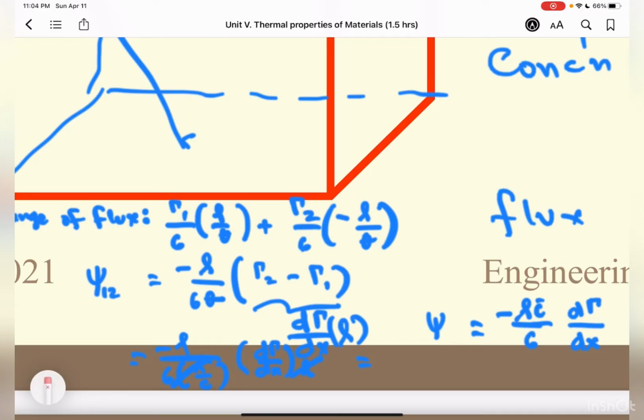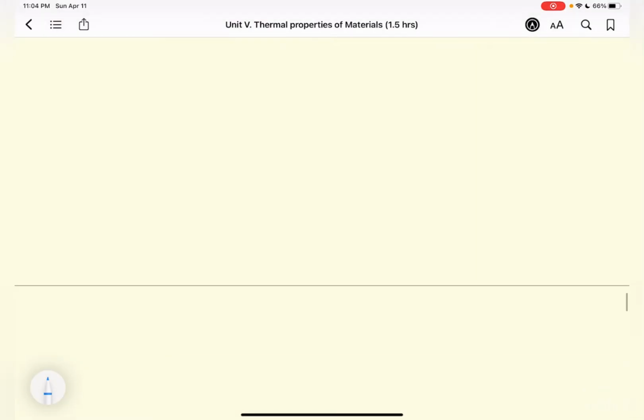So this is actually your molecular transport equation. So the mass transport equation, the heat transport equation, and your momentum transport equation would have this as its general equation.